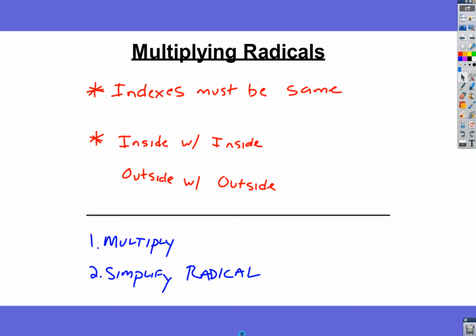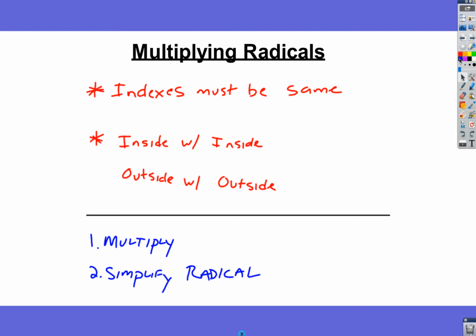The other difference is when it came time to actually add or subtract, what part of the radical was added or subtracted? The radical? Mm-hmm. Radical stays the same. The coefficient, good, yes, the outside, as TJ said. So now with multiplying, that's going to change.